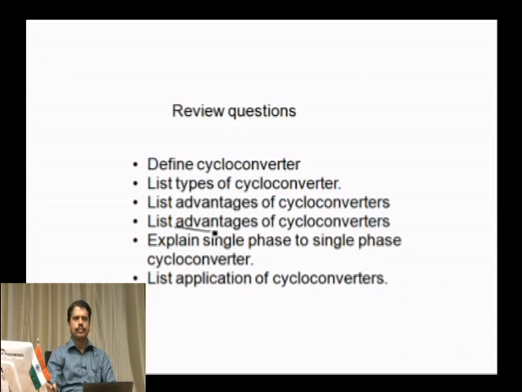And we saw the different applications of cycloconverters and AC drives in rolling mills, in mining, mine winders, for powering conveyor belts, and induction heating. These are the different applications of cycloconverters.